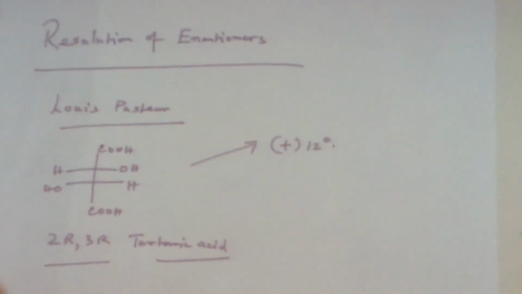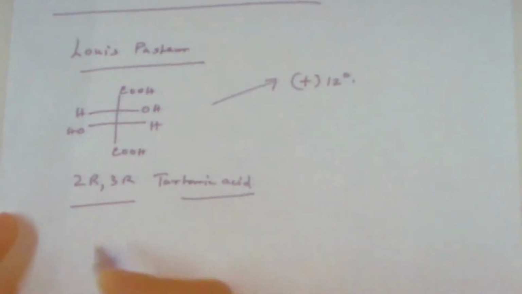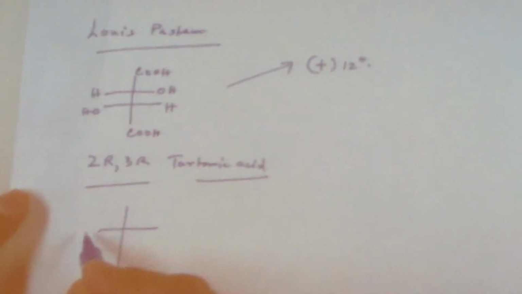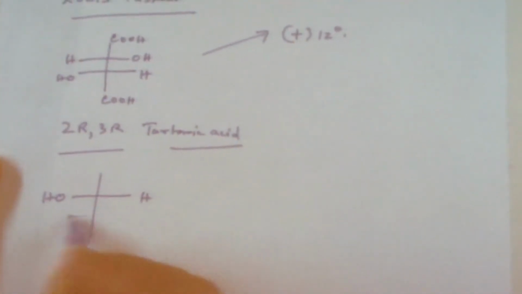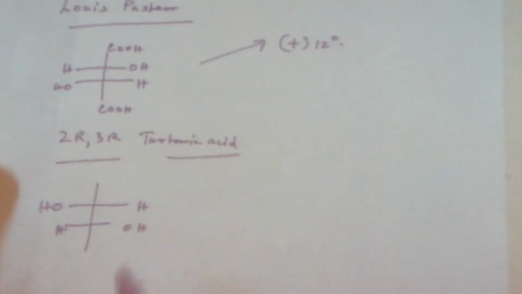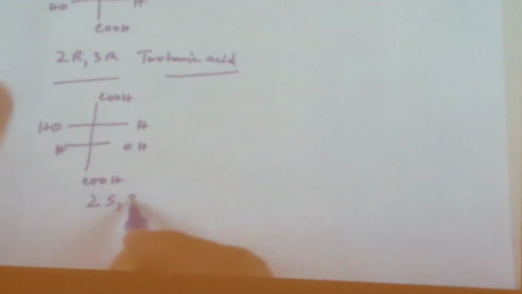And of course the mirror image, something that he didn't know at the time, was the other isomer, which would be 2S,3S tartaric acid.